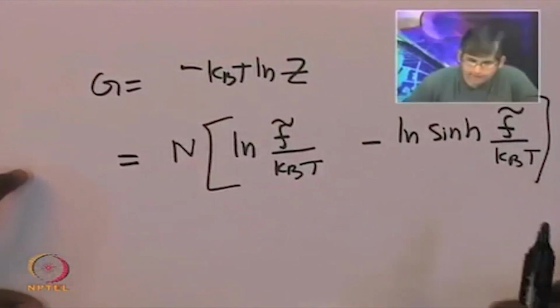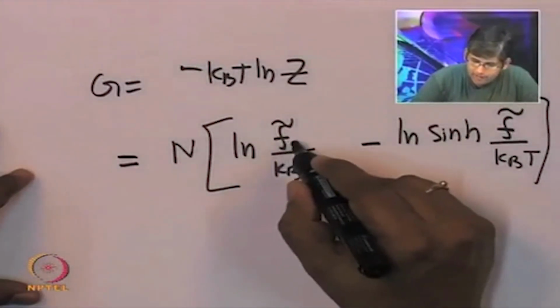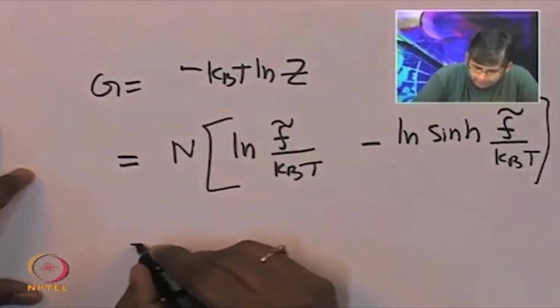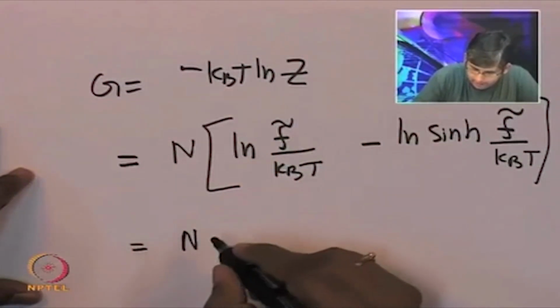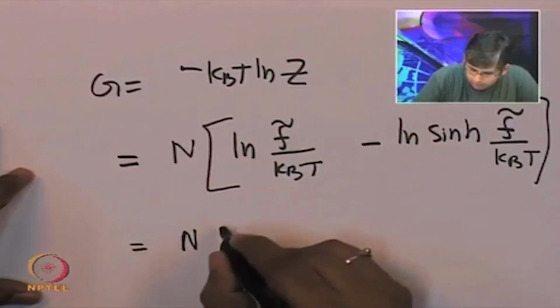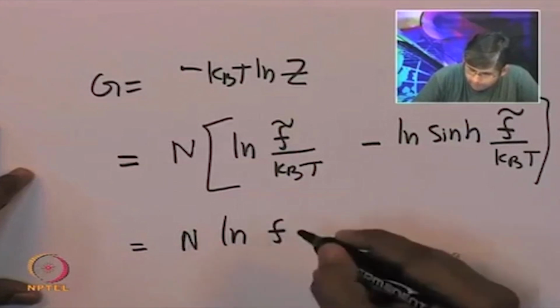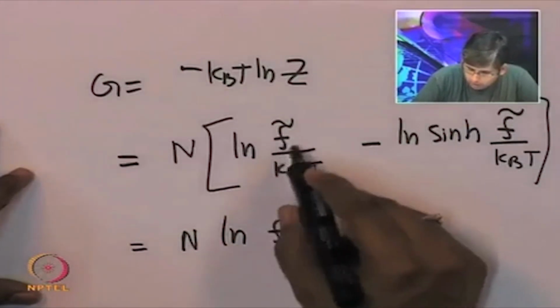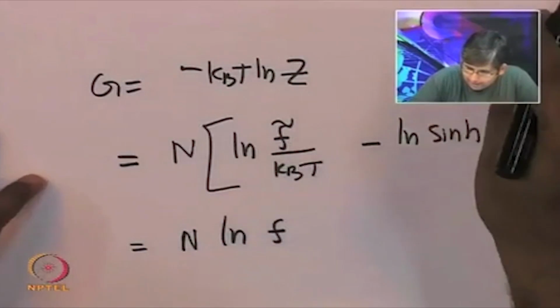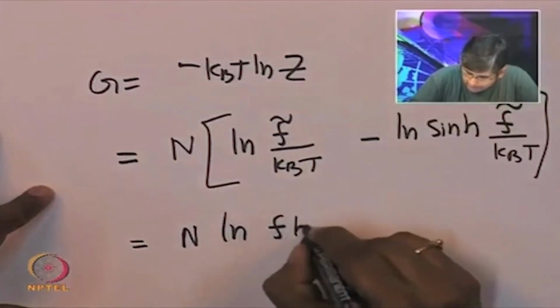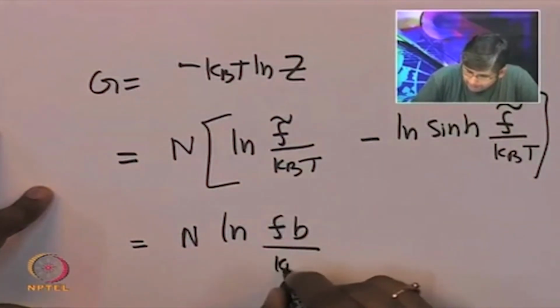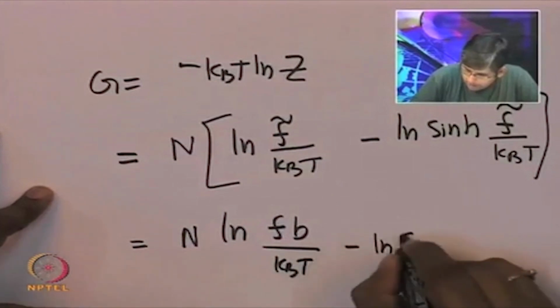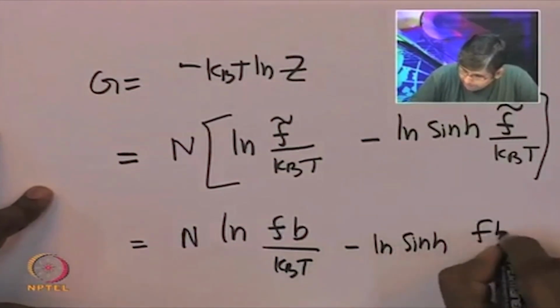Now you look at here, this is a function of force. So, we can write N into log of f, and this tilde will turn out to be b here: f b by k_B T minus log sinh(f b by k_B T).